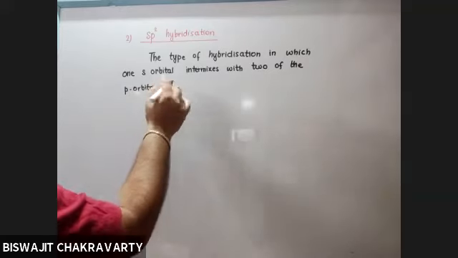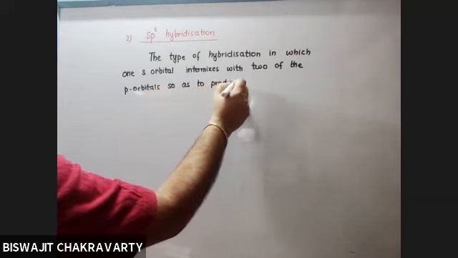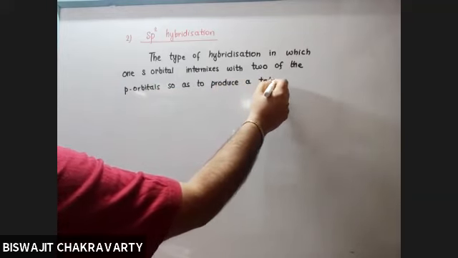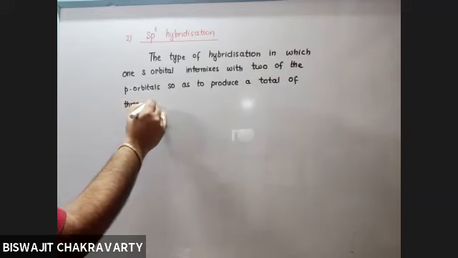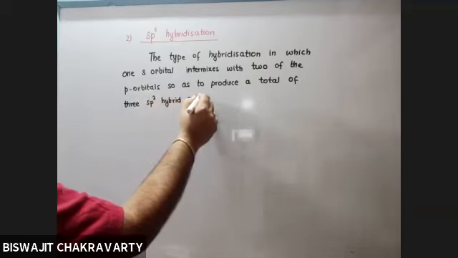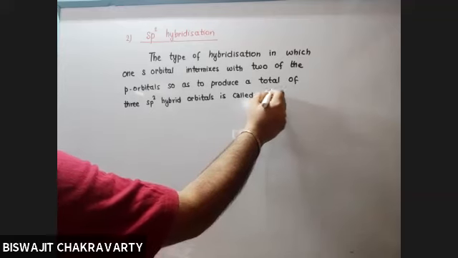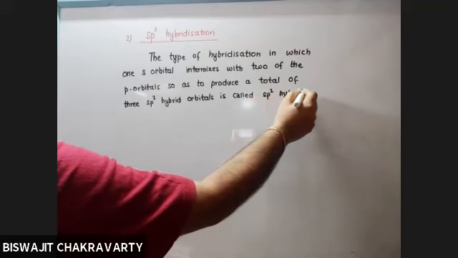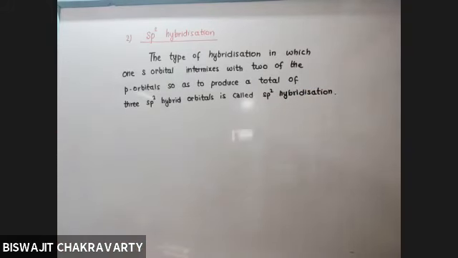With two of the p orbitals, so as to produce a total of 3 sp2 hybrid orbitals is called sp2 hybridization. Okay, so total of 3 hybrid orbitals are produced.